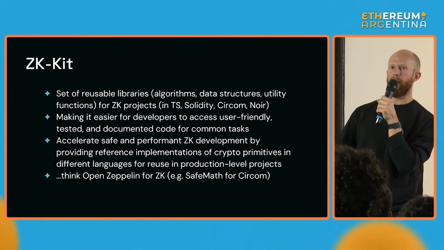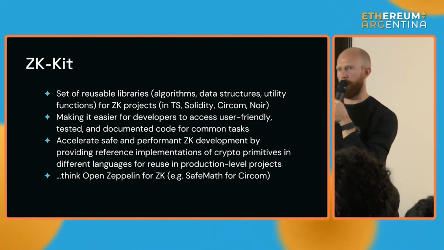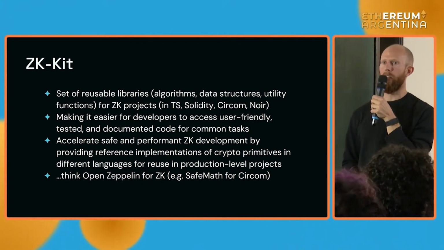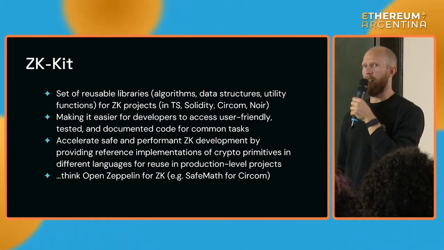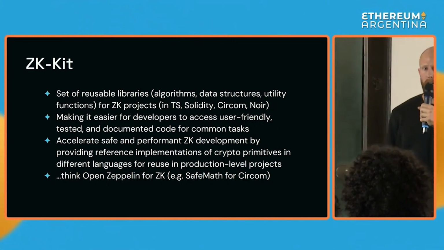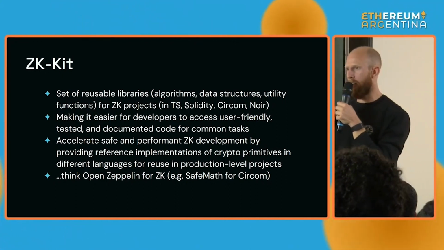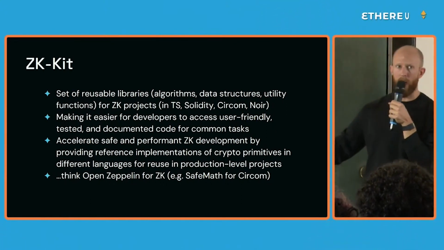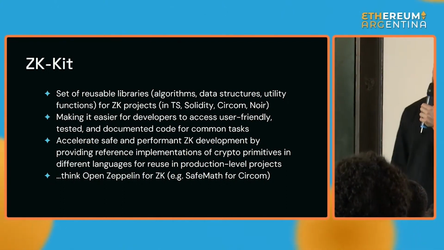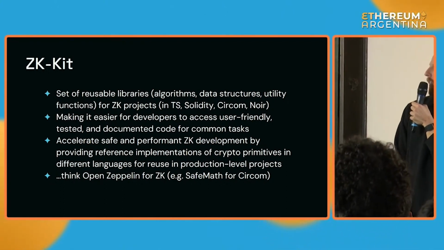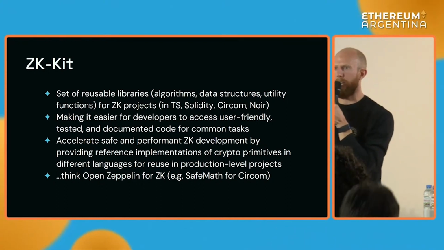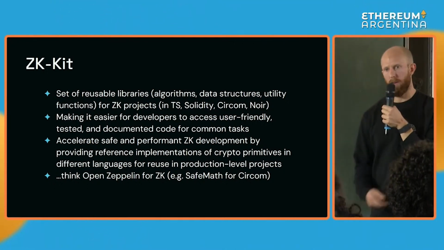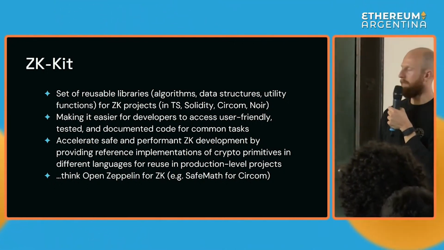Just like Open Zeppelin, if you're familiar, provided a lot of well-audited, efficient smart contracts that people could take off the shelf and integrate into their applications, it does similar things for languages like Circom and Noir, JavaScript, TypeScript, and ZK-specific application stuff. That basically allows us to not have to roll our own solutions every single time.